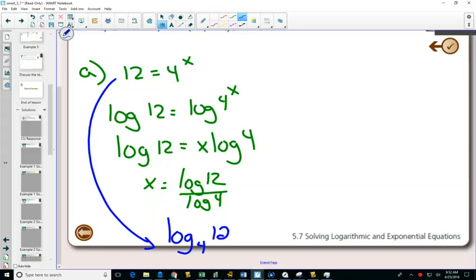The answer is 12. Logs solve for exponents. So if I just write 12 equals 4 to the x using the definition of the logarithm in logarithmic form, I get log base 4 of 12 equals x.